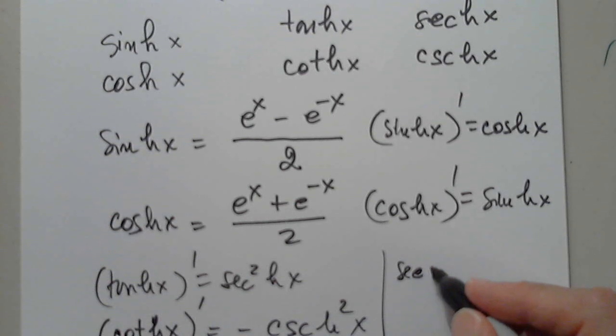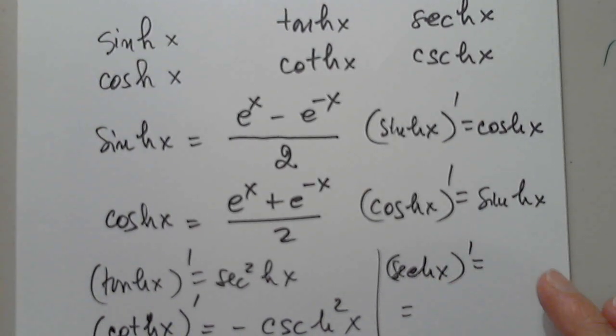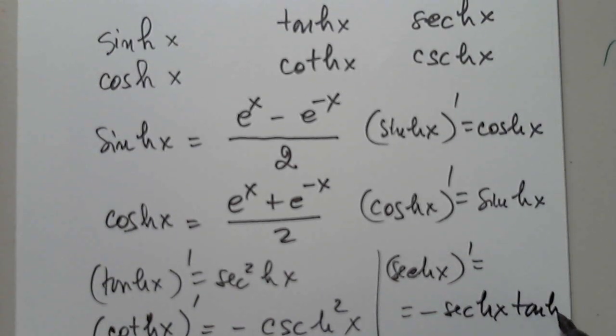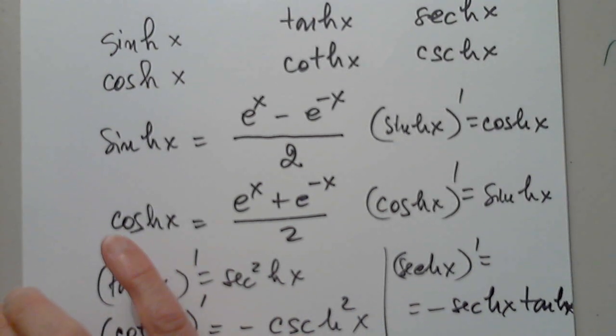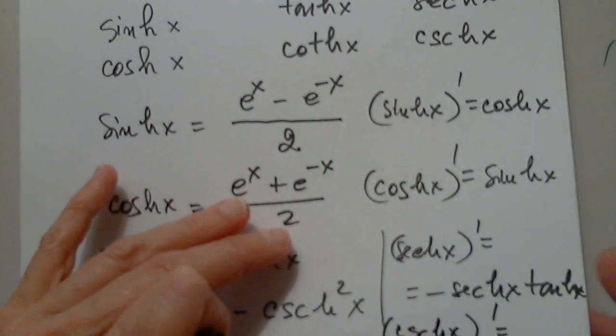So hyperbolic secant should be secant tangent, but it's negative, so it's negative hyperbolic secant hyperbolic tangent. And the last one, the hyperbolic cosecant, is also negative. Both of them are negative.